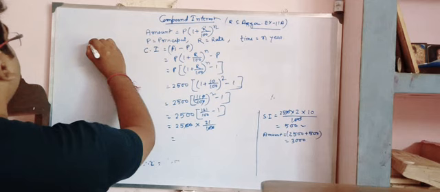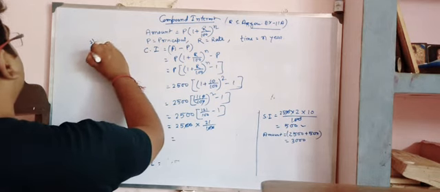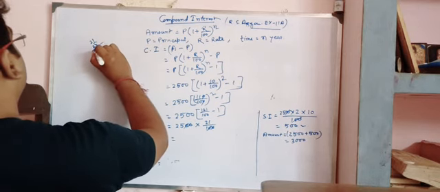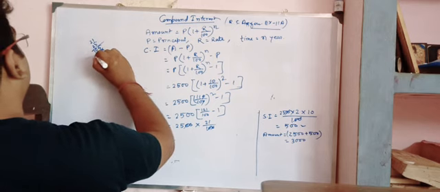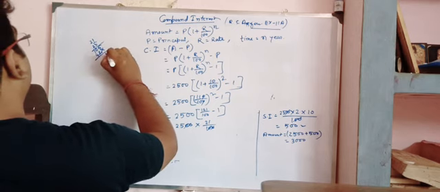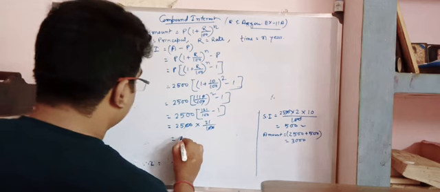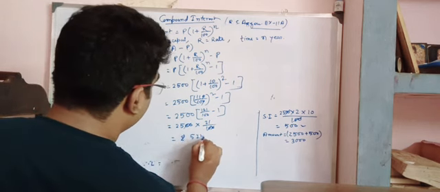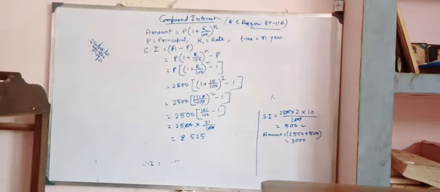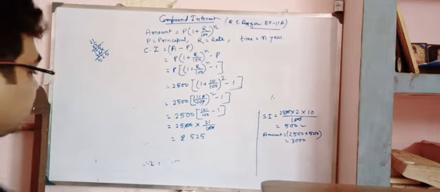Multiplying 21 by 25, 525 rupees. So this is my compound interest.